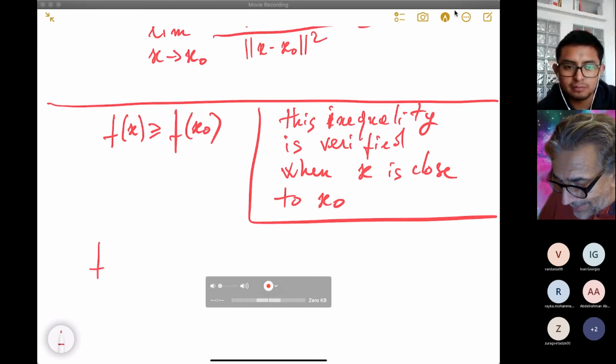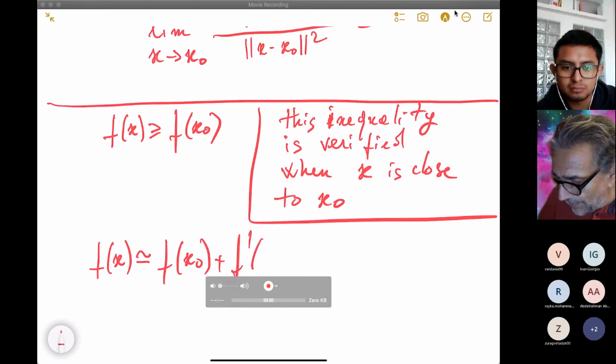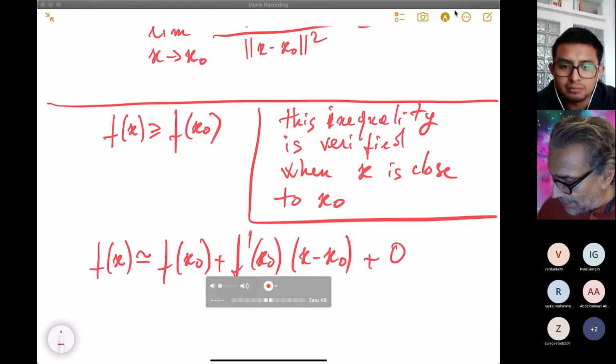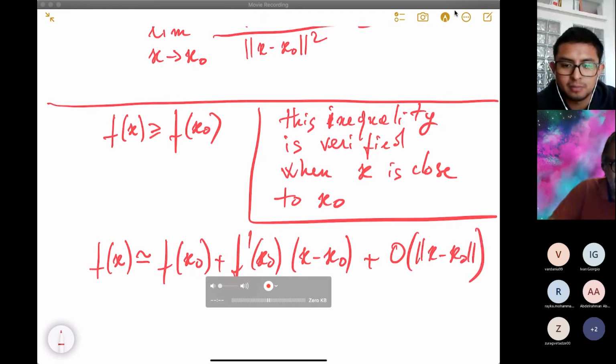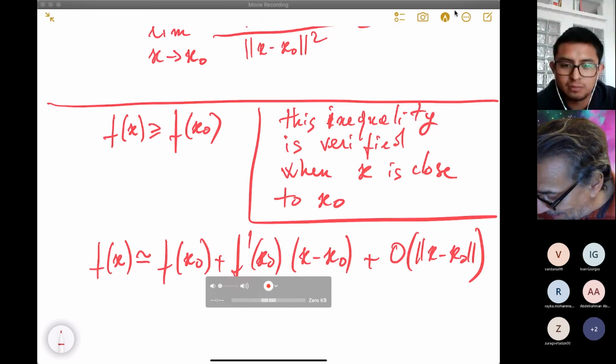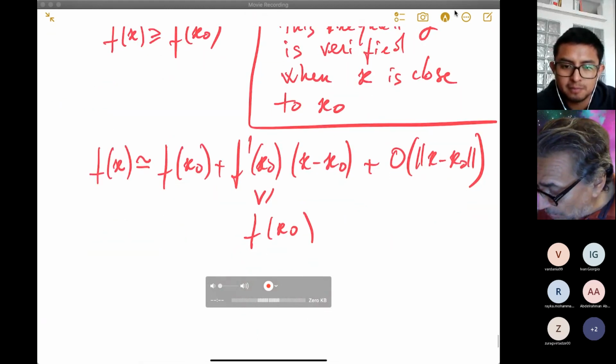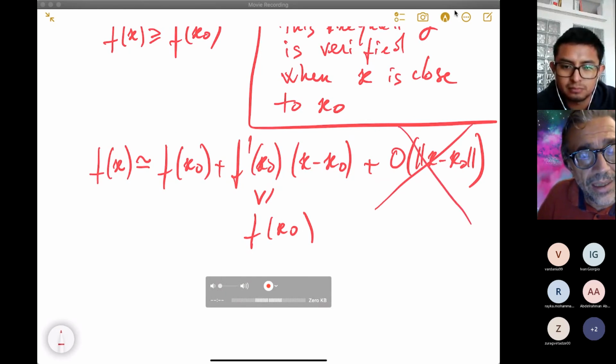That f of x, which is nearly equal to f of x0 plus f prime of x0 times x minus x0 plus infinitesimal of order 1, because in this moment you can neglect the second order, is greater or equal than f of x0. When x is close to x0, you can forget this in the inequality.